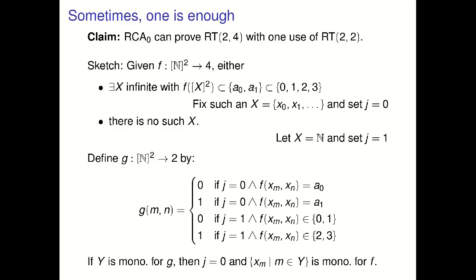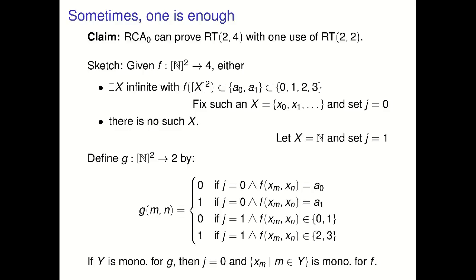And down here, if there is no such X, I'm going to build my coloring the way that I built the first coloring in the very first proof that we did. I'll either color 0 if I'm looking at low colors, or 1 if I'm looking at high colors. So now I get a monochromatic set for this collection.